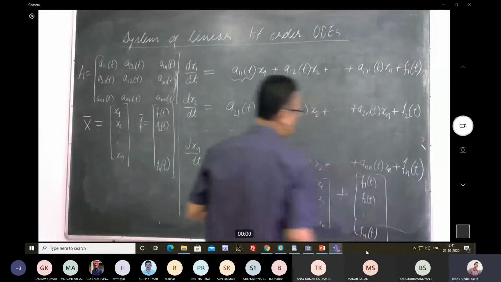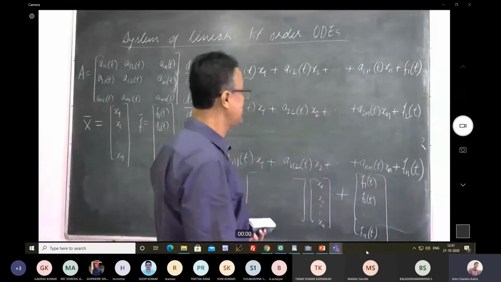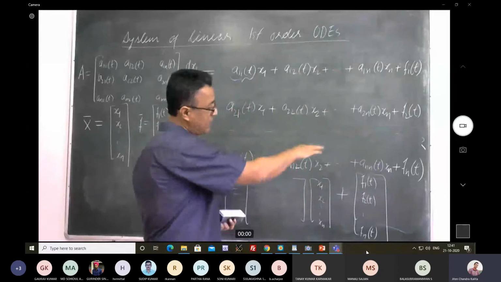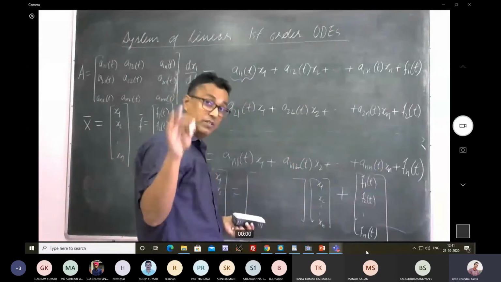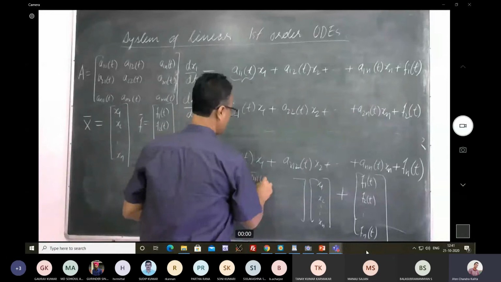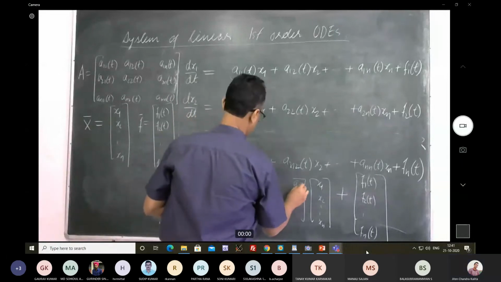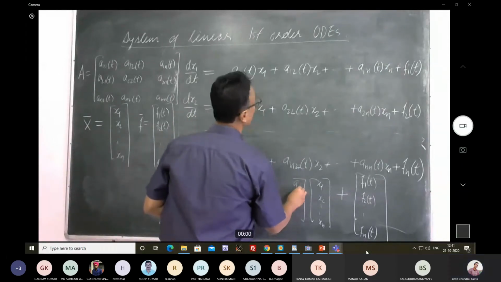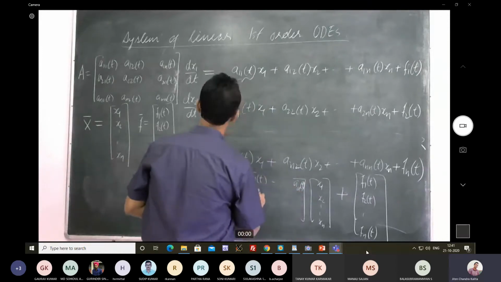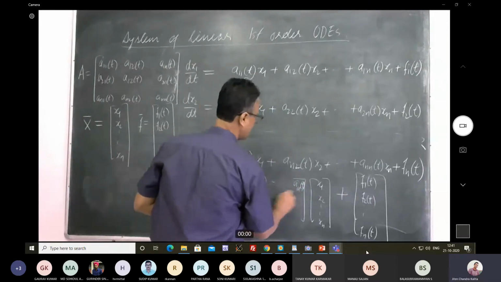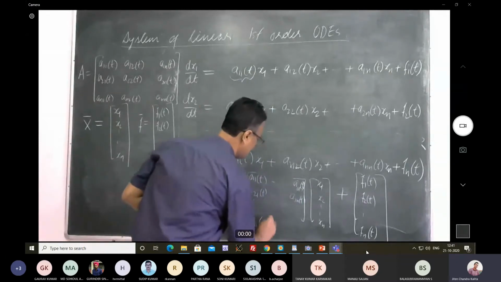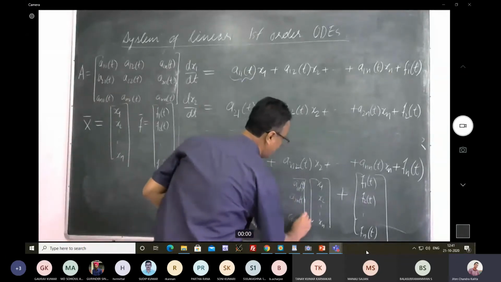Even if I don't write f1(t), f2(t), fn(t), you should assume that if I simply write f1, f2 up to fn, they are functions of t. Similarly here, the entries a11, a12 up to ann are functions of t.